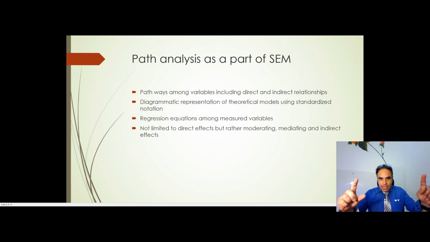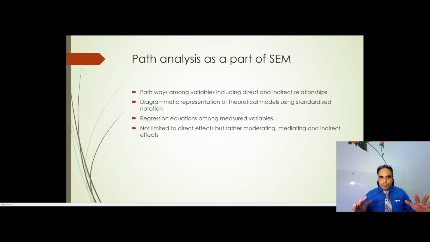In path analysis, as we're coming to in Smart PLS, you will see that we represent the relationships among the variables through diagrams, mainly ellipse, as well as rectangular shapes, circular shapes, etc. Regression equations are embedded in those diagrams, and social scientists don't need a complex understanding of the equations that represent those relationships.